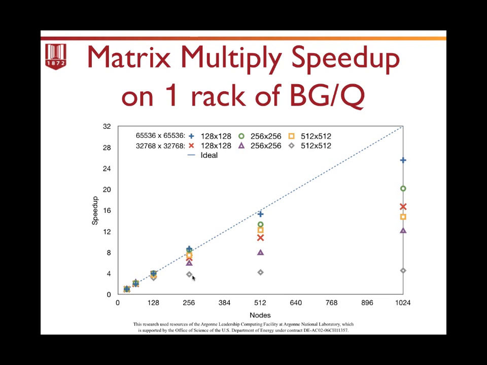It levels off right around 256 nodes. And the reason for this is because it's actually running out of parallelism. There are not enough tiles per node for you to actually be able to use all the processors on every node. Whereas here we have a lot more tiles that we're actually computing simultaneously, which is why it scales to much better speeds.